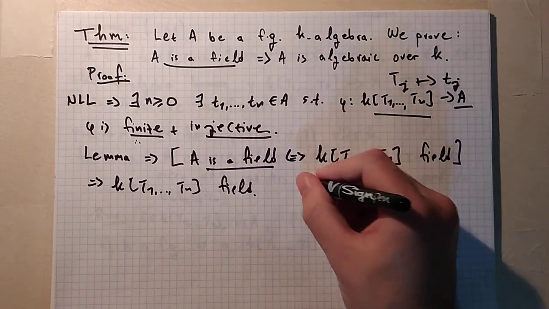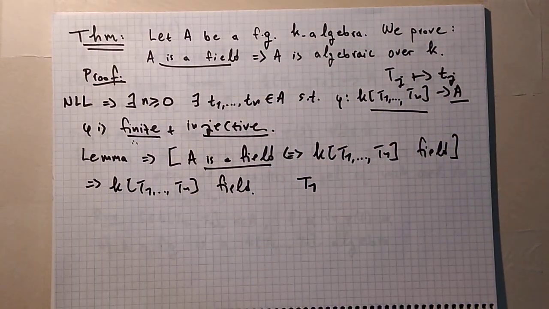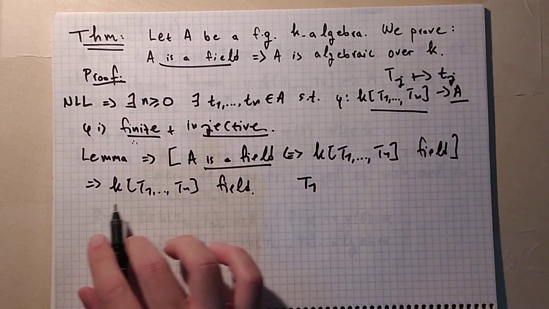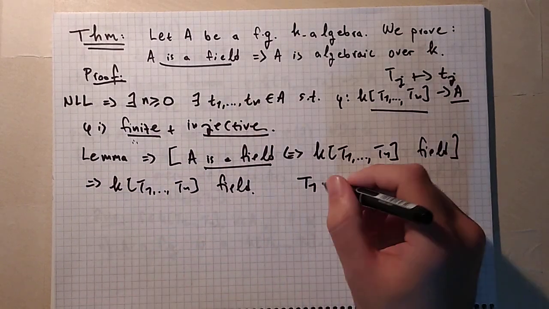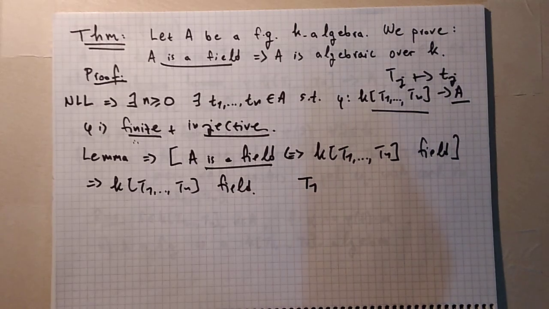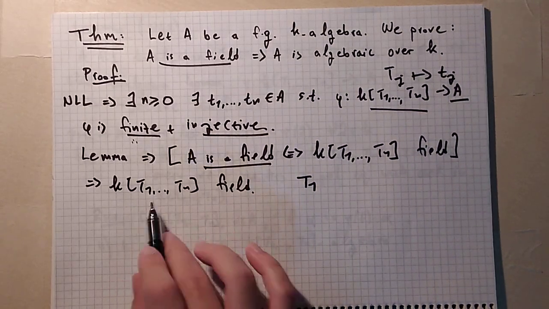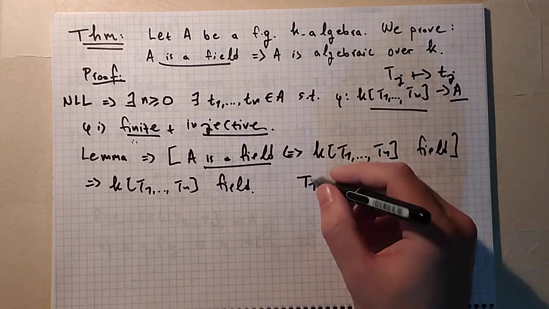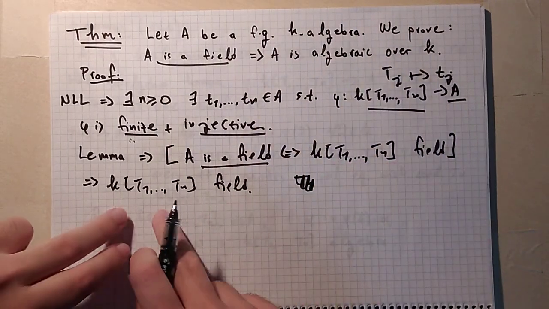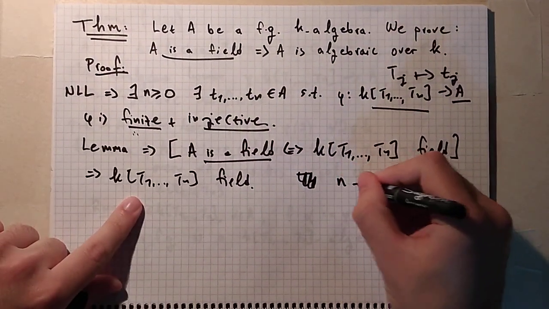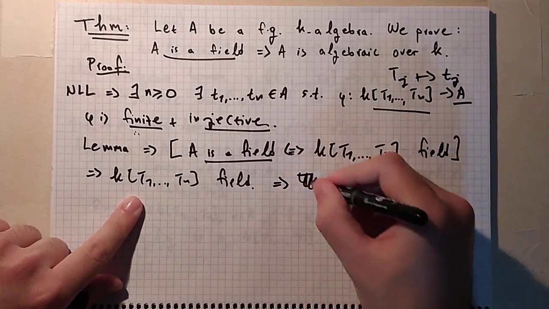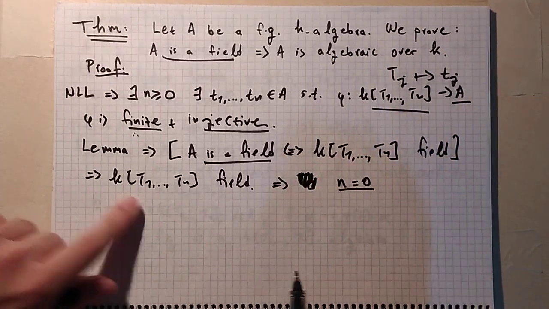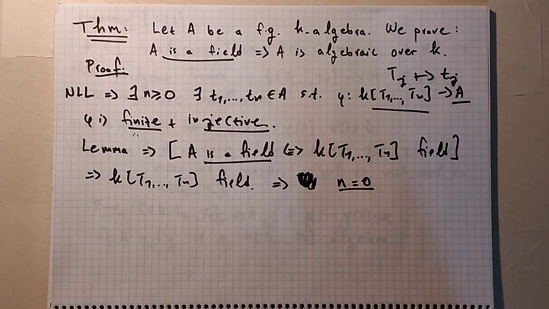If you just look at T1, if this was a field, the inverse would be 1 over T1, but this is not a polynomial. Therefore, if this is a field, the only possible case is that n is equal to 0, right? So this implies that n has to be equal to 0.